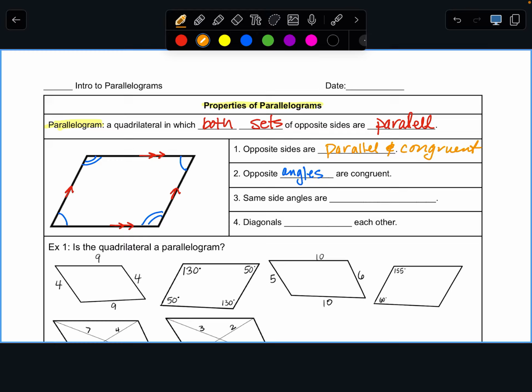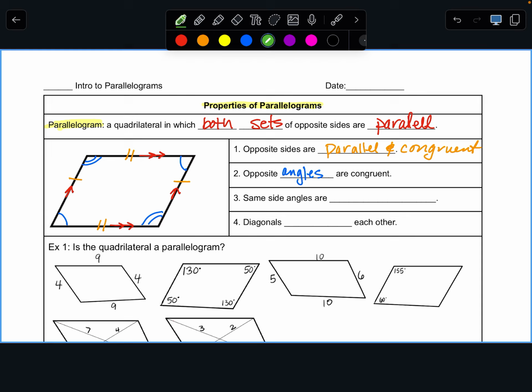Opposite sides are also congruent. Because they're parallel, and we have 2 of them, and they have to come together. So these sides are congruent, and these sides are congruent. Remember, all those symbols mean is that since the symbol matches, so does the side.